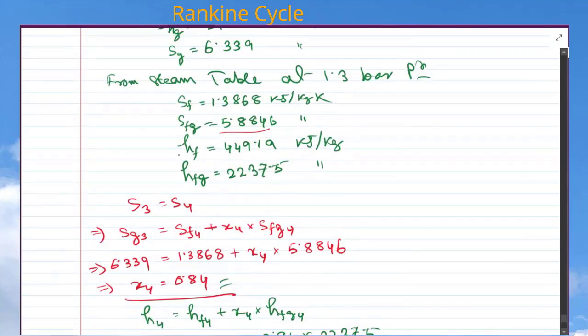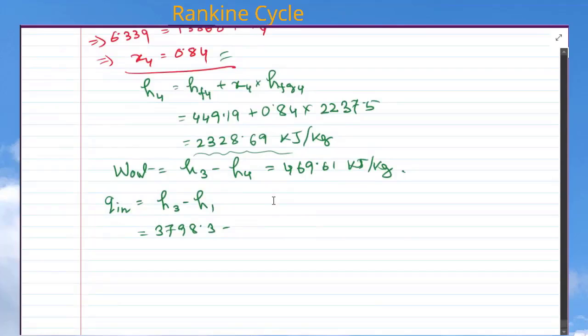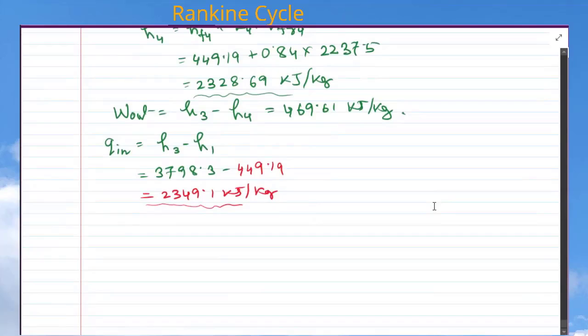This is H1, the enthalpy of the saturated liquid, and that value is equal to 449.19, and that gives us 2349.1 kilojoule per kg. So here we have calculated the heat input, or heat supply.